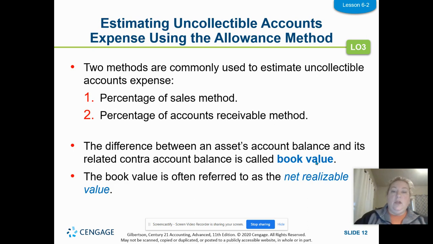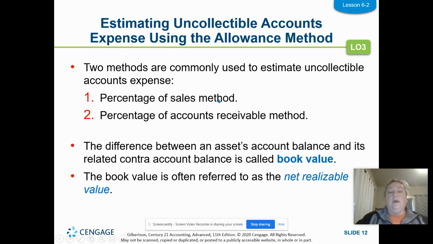There's a couple of ways that we do the allowance method. There's a percentage of sales method. They're going to assume that, out of those sales, we're not going to collect a percentage of sales on account. It should say sales on account, not just overall sales.